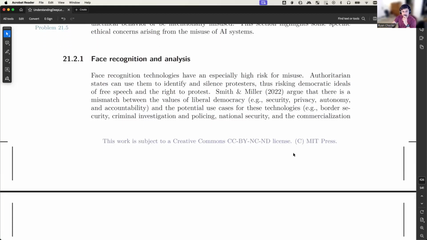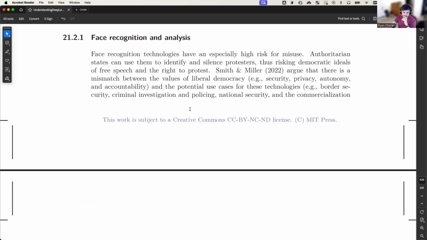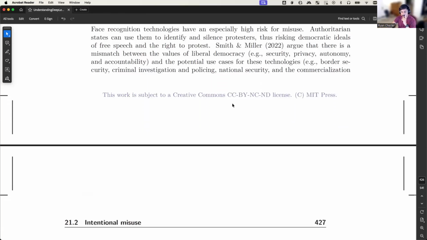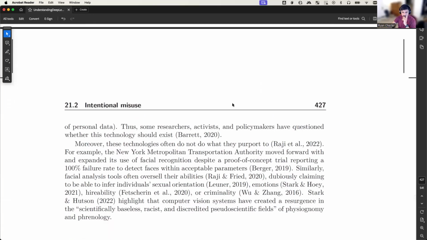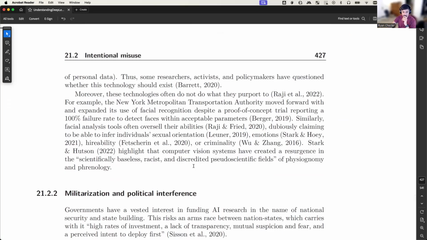One of the applications that they mention that is problematic is facial recognition. This has been a problem for many different reasons, partially because it's more performant on certain subgroups, but also because a lot of the groups doing this sort of facial recognition are overextending what they claim it can do.